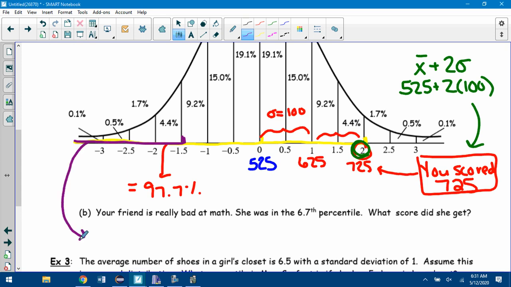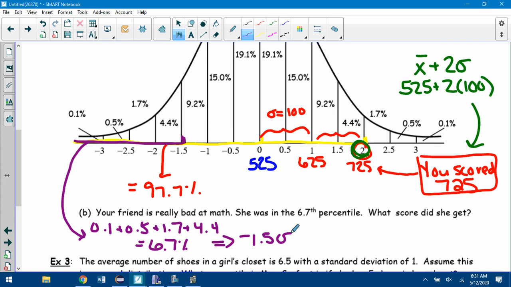So this part right here, 0.1 plus 0.5 plus 1.7 plus 4.4. That got me to the 6.7 because remember percentile means at or below, so I started below until I got to 6.7. So this tells me I'm at negative 1.5 standard deviations.